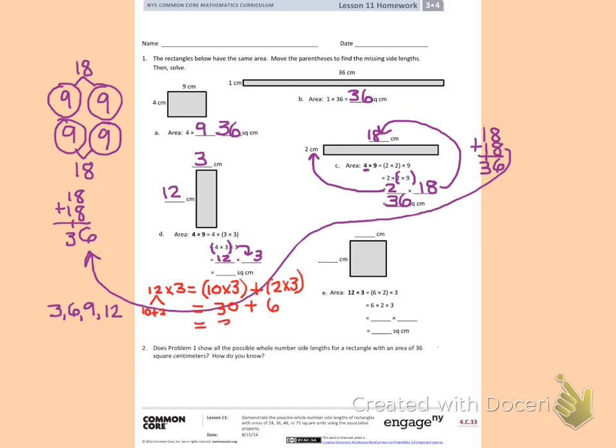So that equals 30 plus 6 is 36. And that's the answer to item D.